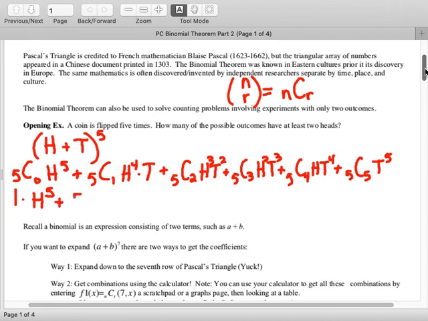I know the second one will be a 5. Does anybody remember what 5 choose 2 would be? You had to do it. That's 5 factorial over 2 factorial, 3 factorial. So it's 5 times 4 over 2, 10, right? Yeah, so it's 10.